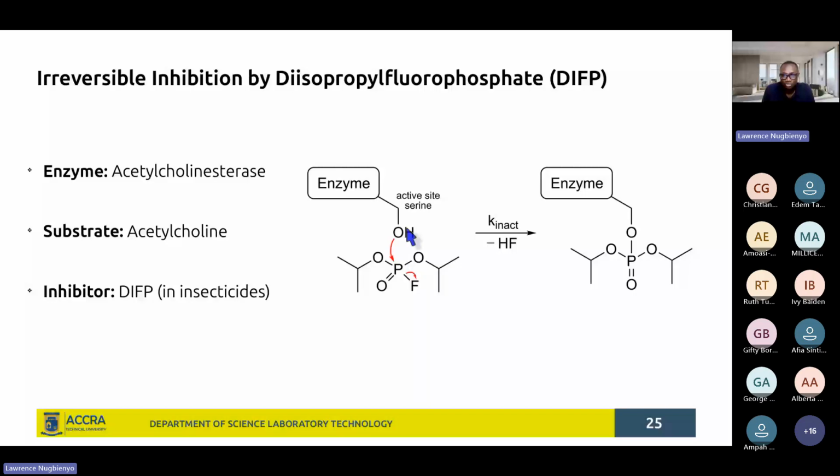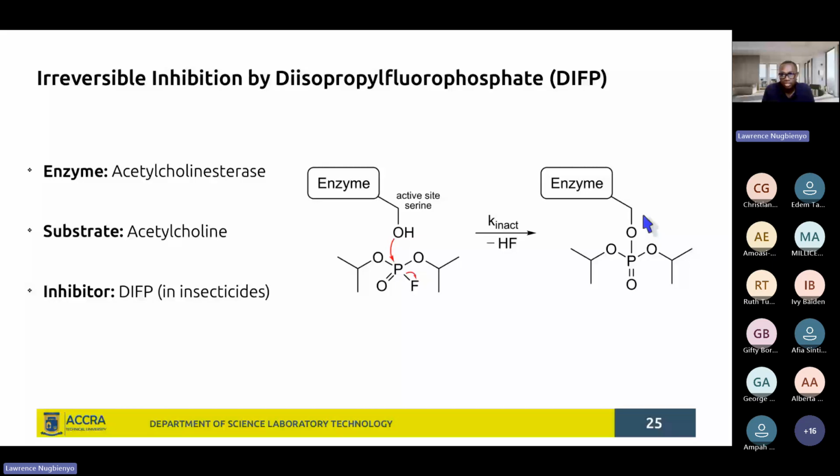So if this is the whole enzyme, in the active center, again, you see serine. And you see DIFP binding on that serine in the active center. So you see that enzyme-inhibitor complex being formed.